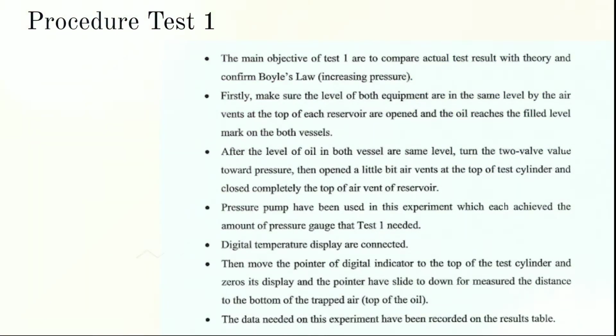After the level of oil in both vessels is the same, turn the two valves towards pressure. Then open the air vent at the top of the test cylinder a little bit and close completely the air vent of the reservoir.